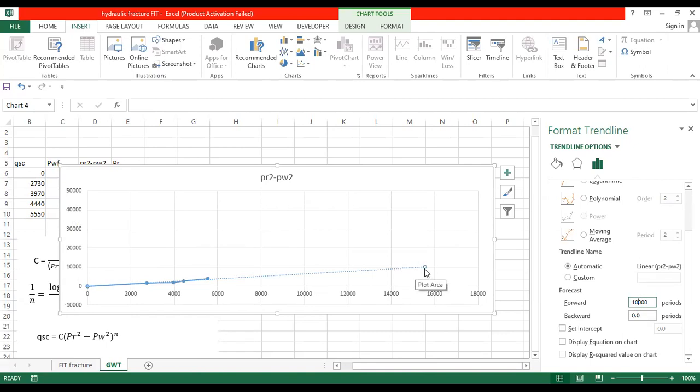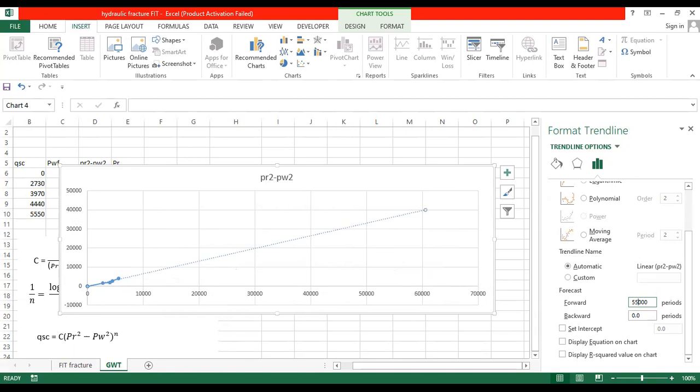So we are still here. So let me have 25,000. So still we are moving up. Then 55,000. So we almost reached near 55,000. You can see that the projection from 40,000 is intersecting the extended trend line from the linear axis.